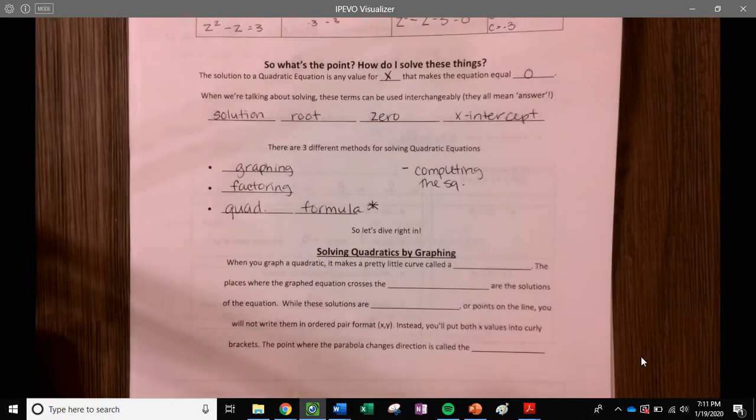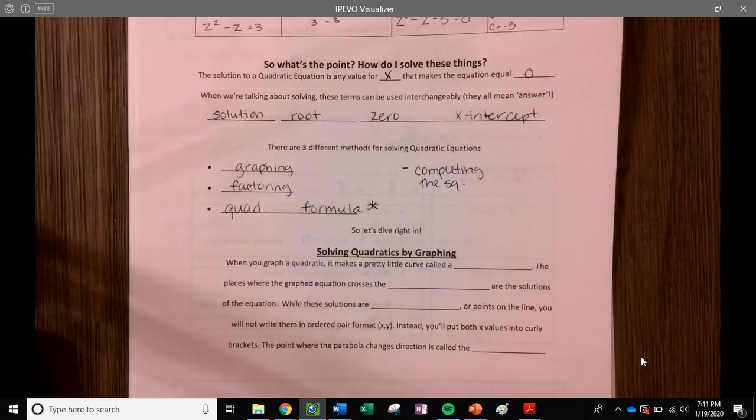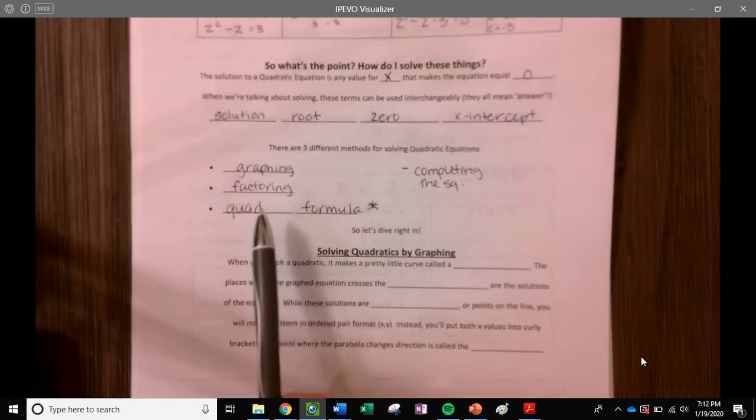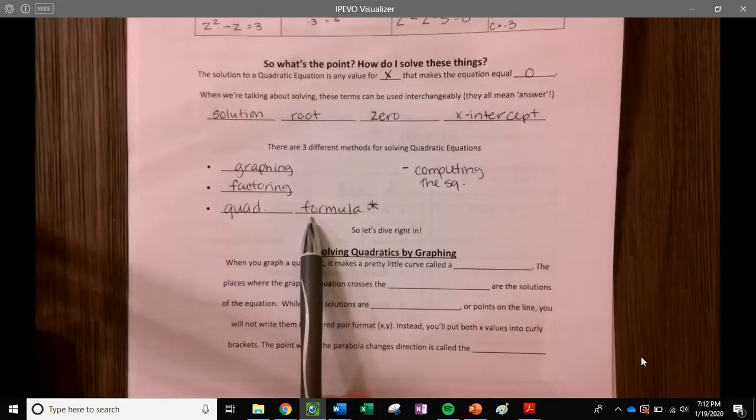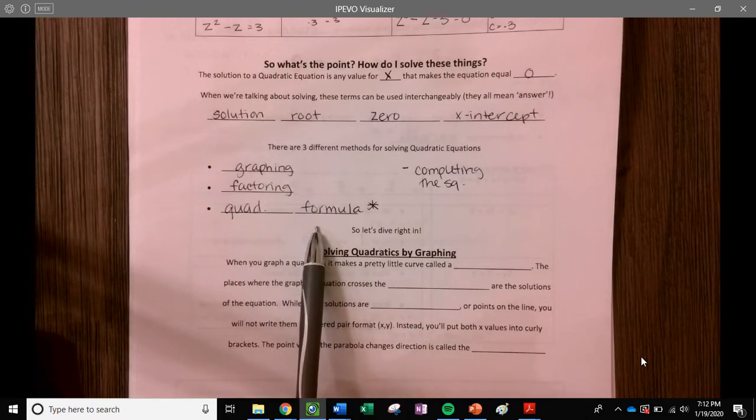The only way you're going to get to that solution that includes the imaginary number i is by using the quadratic formula. So if the equation you're presented with is all nice and pretty, and it's going to come out with just nice little whole numbers as your solutions, then yes, graphing and factoring is the way to go. But if that's not the case, and you won't really know that by just looking at the equation, you kind of have to get into the nitty-gritty of doing it to figure that out. The only way to get the solution when you have something imaginary is by using the quadratic formula.